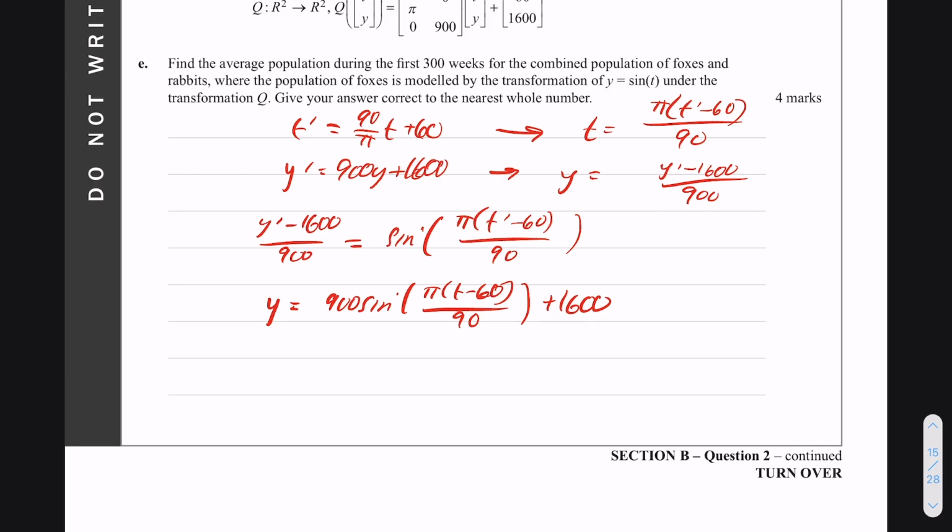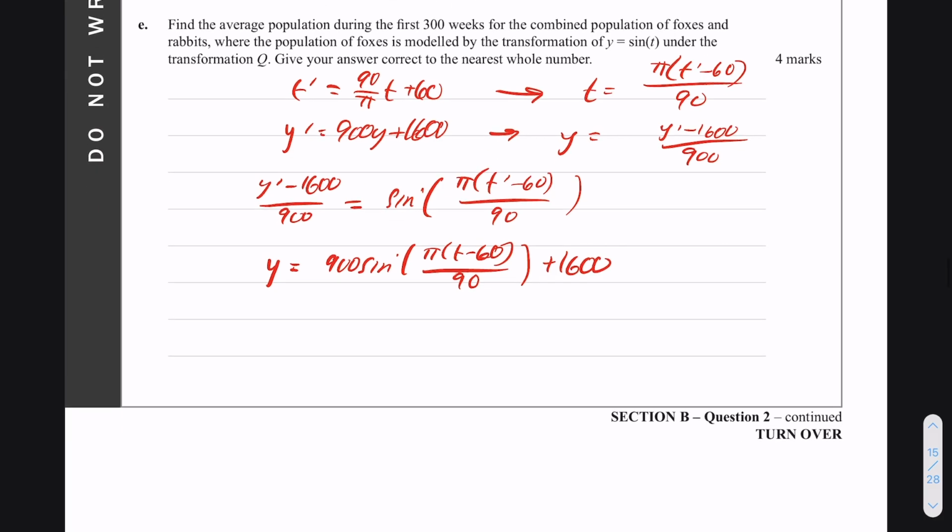Find the average population for the combined foxes and rabbits. So the average value is 1 over 300, we have 0 to 300, but we want the combined.